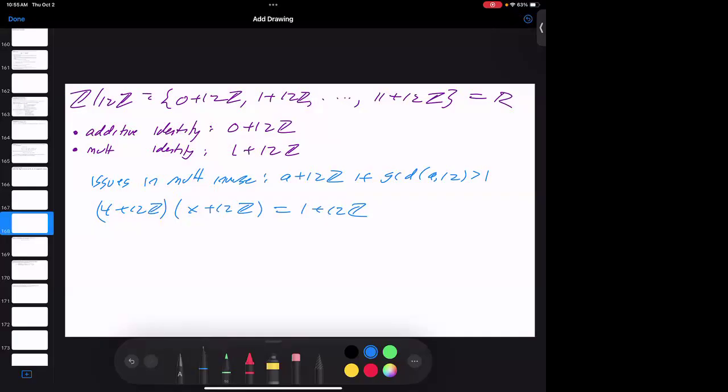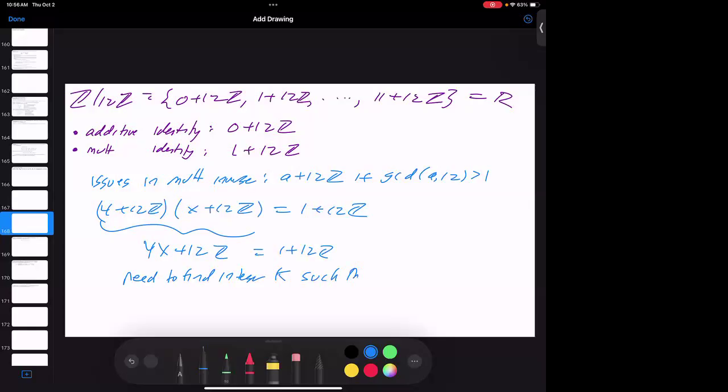If we wanted to solve this, then this is the same as 4x plus 12z equals 1 plus 12z. So we need to find an integer k such that 4x plus 12k equals 1 plus 12l for some l.